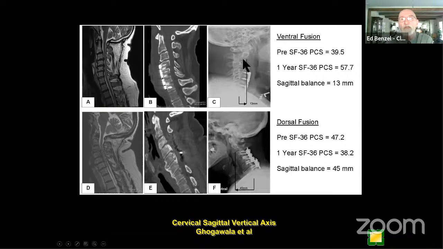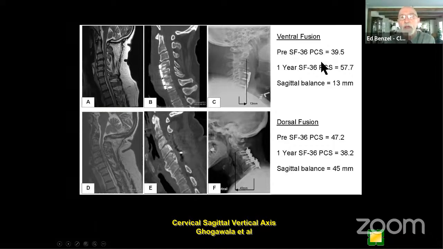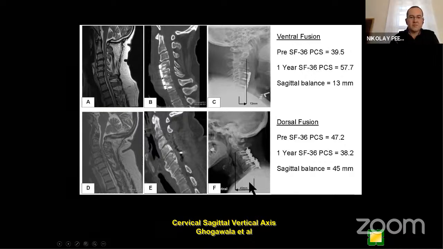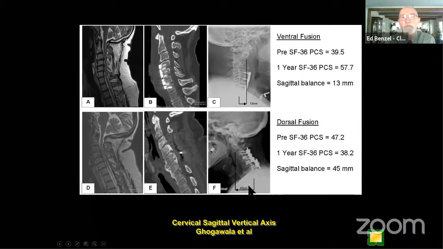The SVA is the distance between the C2 plumb line and the C7 plumb line in the standing position. If we end up with a 45 millimeter SVA, we are likely to see very poor health-related quality of life metrics, predominantly neck pain.